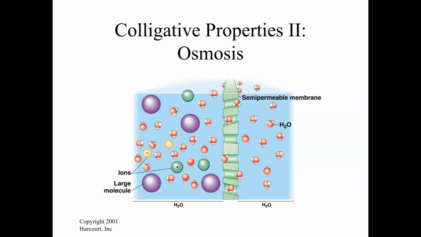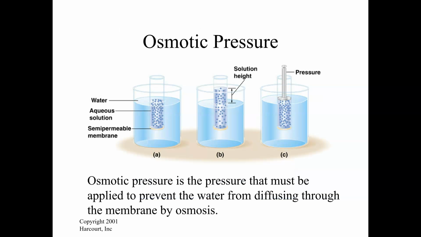We have semi-permeable membranes, and the water travels through the channels of that membrane. It's called osmosis. And you can figure out the pressure between the different sides of your cell membranes, and that's called osmotic pressure.